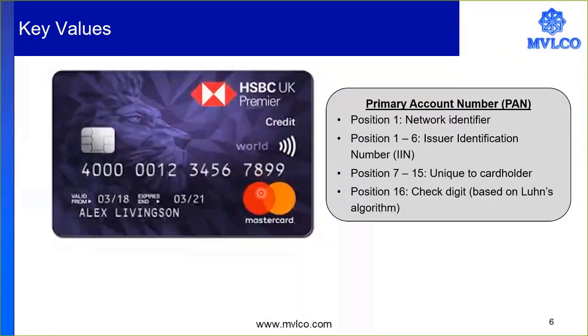Now in this picture, you actually see a MasterCard with a 4, but that is because this is a hypothetical number. But then, based on this number, you can identify whether it is a Visa card, MasterCard, RuPay card, Discover card, Amex card, and so on. This is the first number, called the network identifier. Now from 4 to all these zeros, that is the first 6 positions, I would call them the issuer identification number.